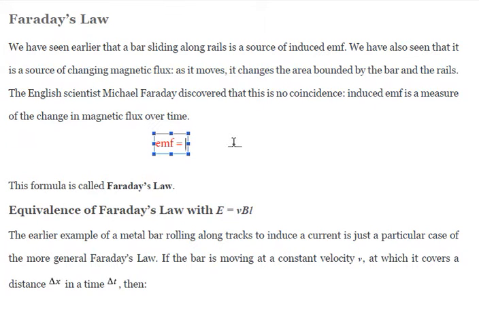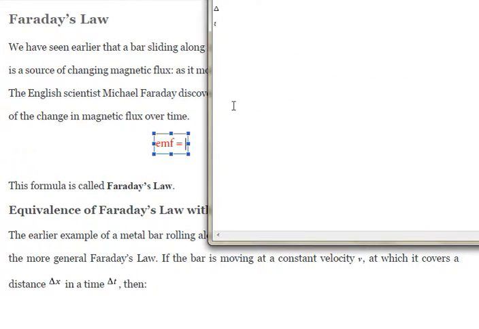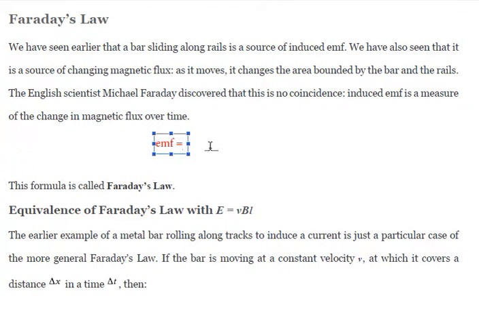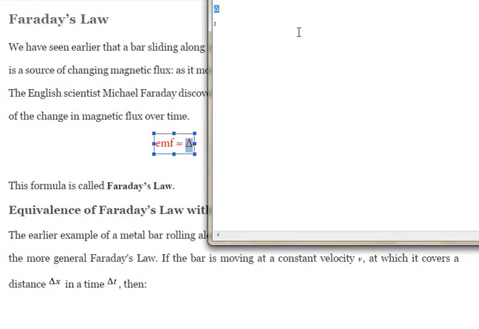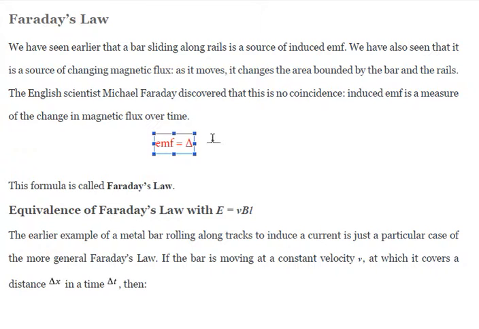The induced EMF is going to be equal to change in flux over a change in time. So this formula, this is Faraday's law. An induced EMF is just a rate of change in flux over time.